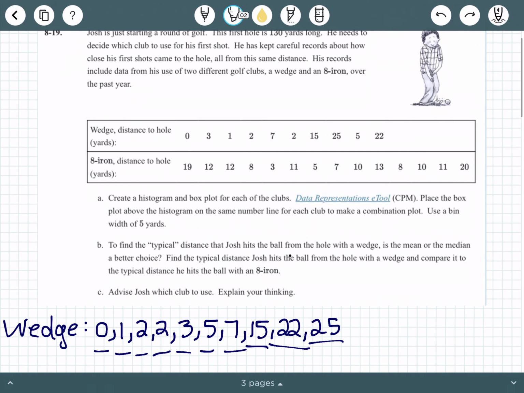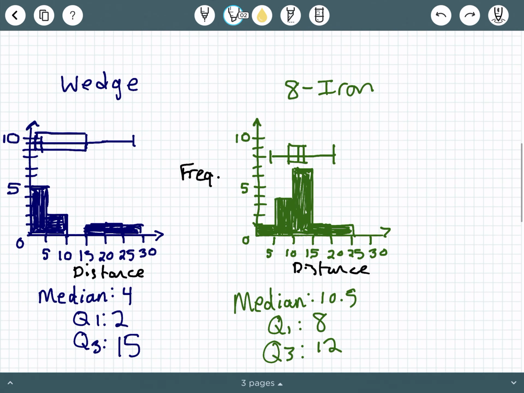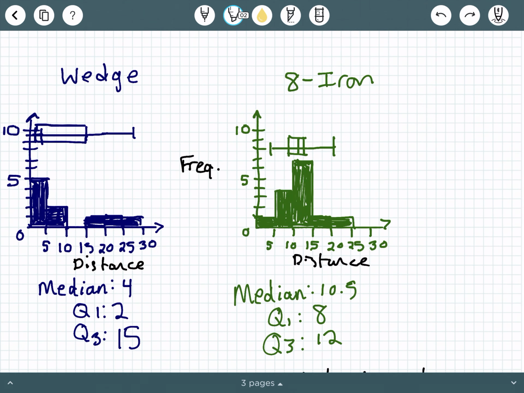So for this one, it says, advise Josh which club to use and explain your thinking. All right, so we can see that we know after part B that the wedge tends to get the ball closer to the hole.